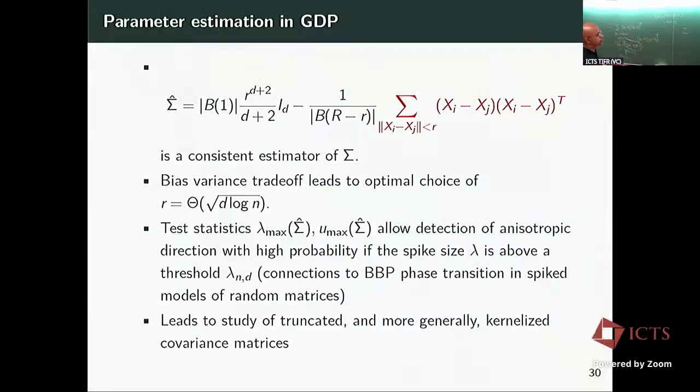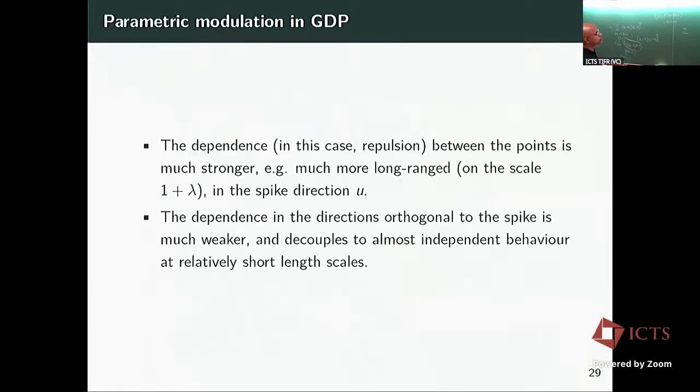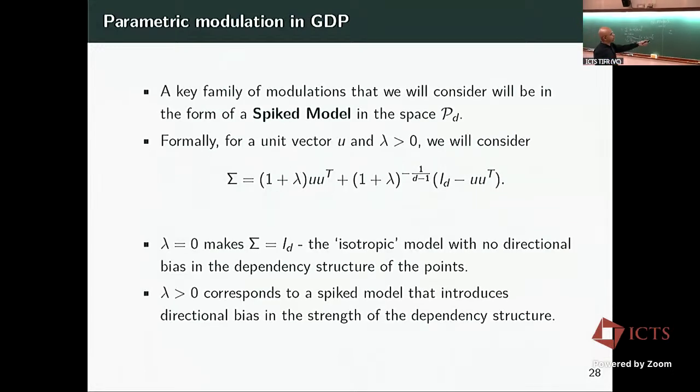But let us first discuss a little bit as to what kind of applications these kinds of spiked models of Gaussian determinantal processes can have. The overall idea is that these models, or these ansatzes, are very useful for determining if there is a clear significant directional bias in the data.